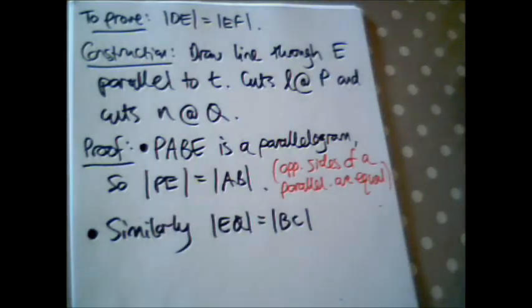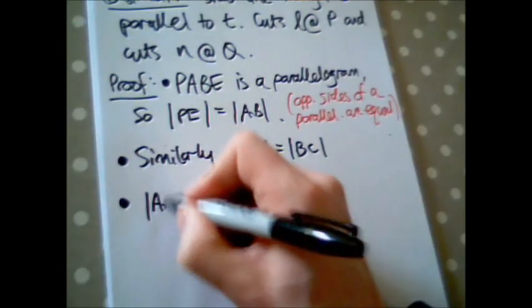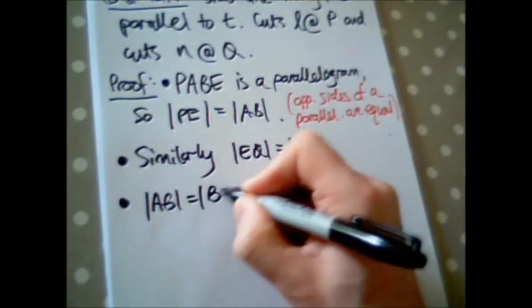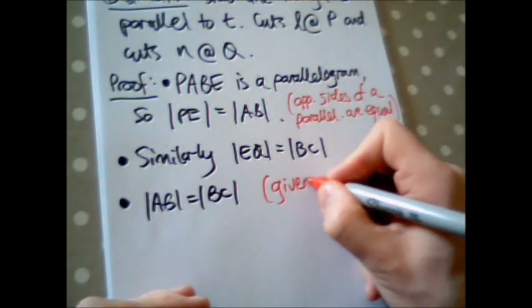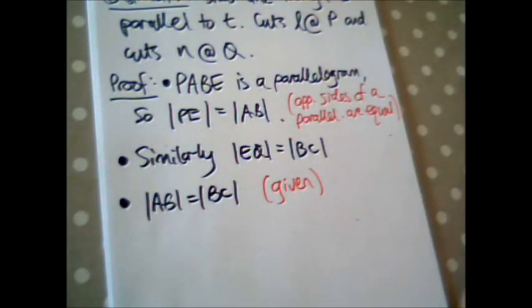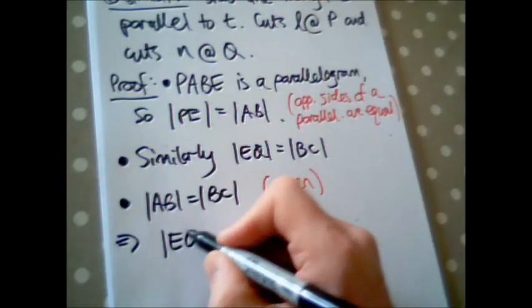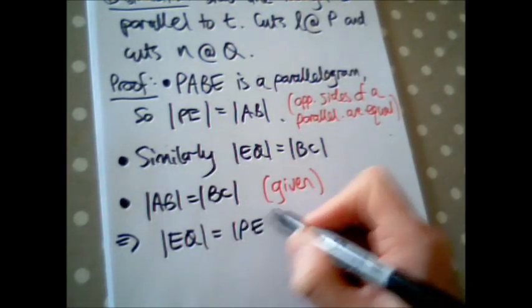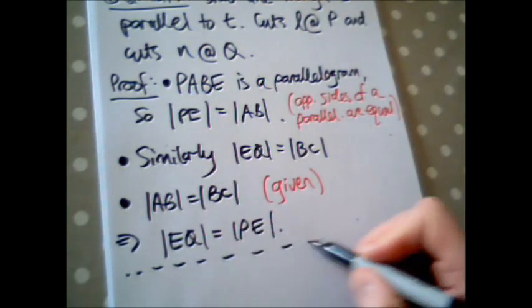Okay, so now the next thing we do, as we said, is that AB is equal to BC, and that's given because we were told it in the statement of the theorem. We were given that. Therefore, EQ equals PE. Okay, so that's the first half of the proof. We've shown that the two sides are equal.